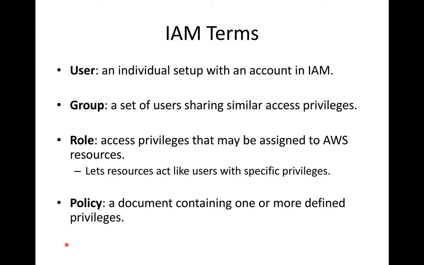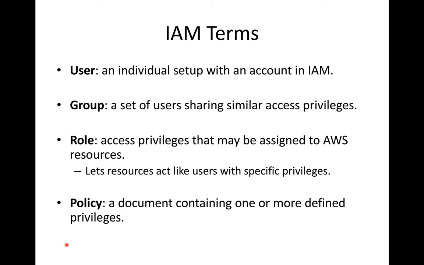So it's almost like you can treat something like an AWS instance as a user and assign a policy to that instance so that the instance can have access to other AWS resources. It's an incredibly handy feature within identity access management.